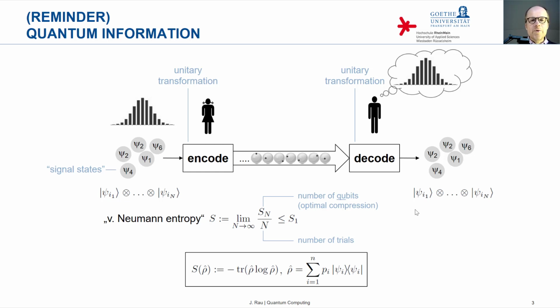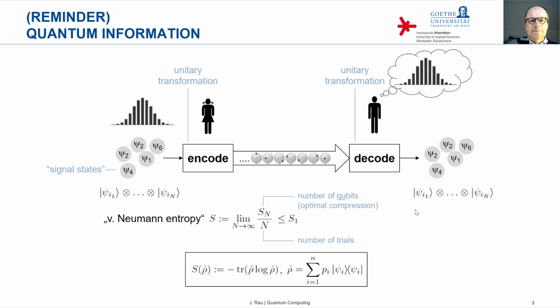And I didn't give you the proof. There is a theorem behind that that's called Schumacher's theorem. Schumacher proved that this minimum number of qubits is given by the von Neumann entropy, and that's the formula at the bottom inside the box.